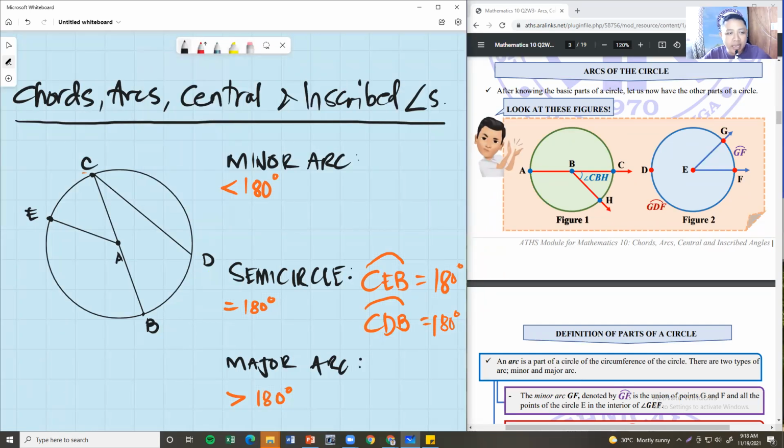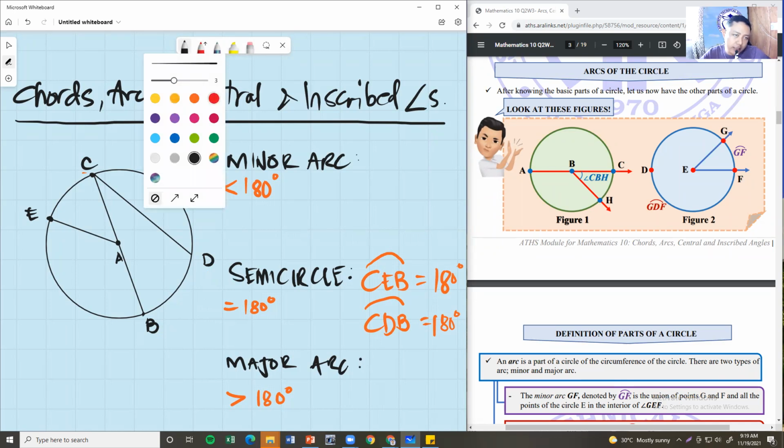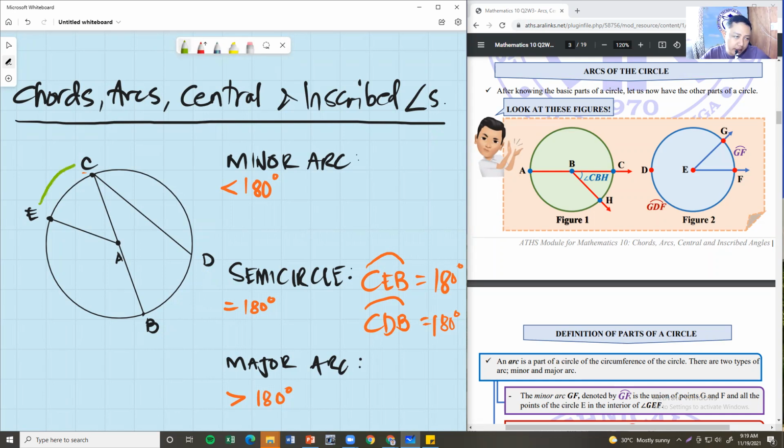Sample. If CB is our diameter, minor arc is, wait, look at this. CE. Look at CE. From C going to E. There.